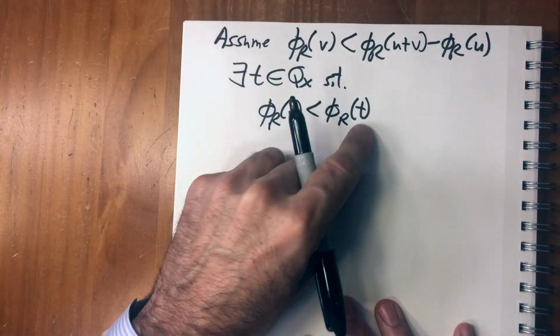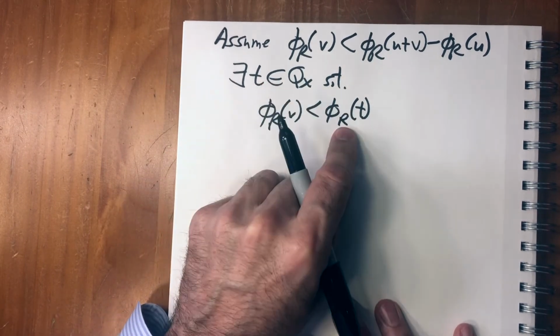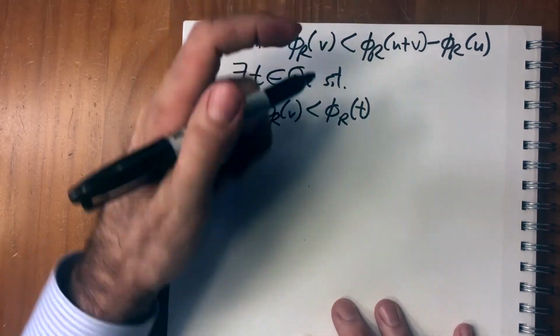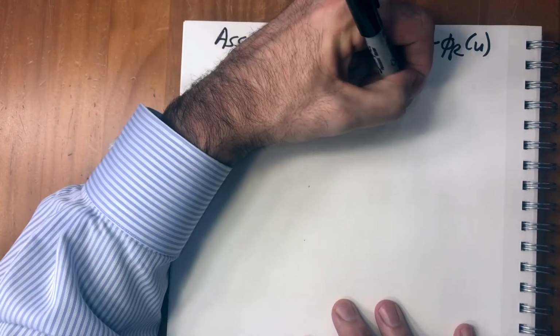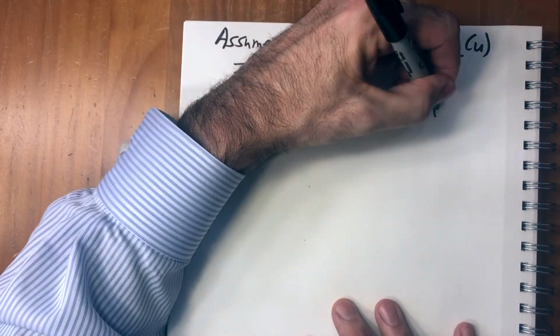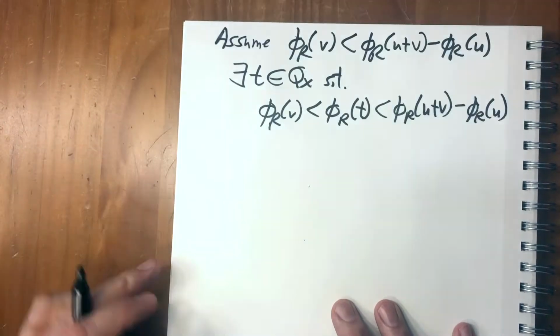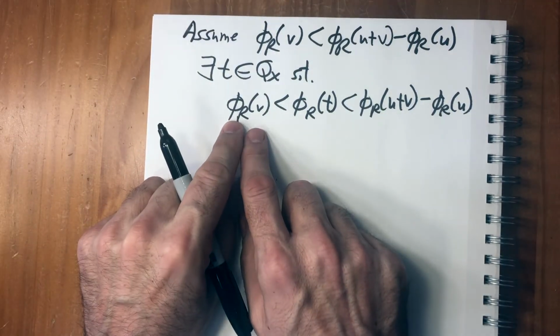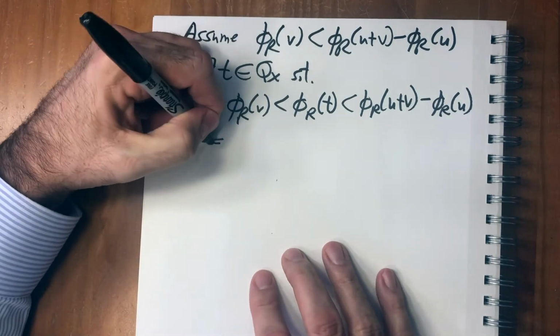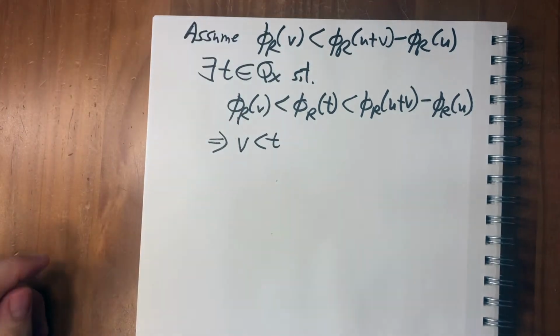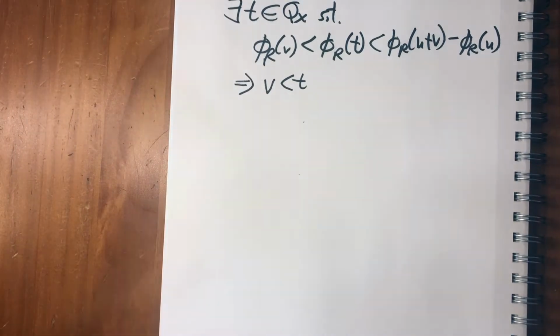And remember, we can say this because since t is rational, phi q is going to equal phi r, right? Is less than phi r of u plus v minus phi r of u. Now we've already shown that phi r is order preserving, therefore v is less than t. Okay, so we've shown that v is less than t, so now we're going to use that.